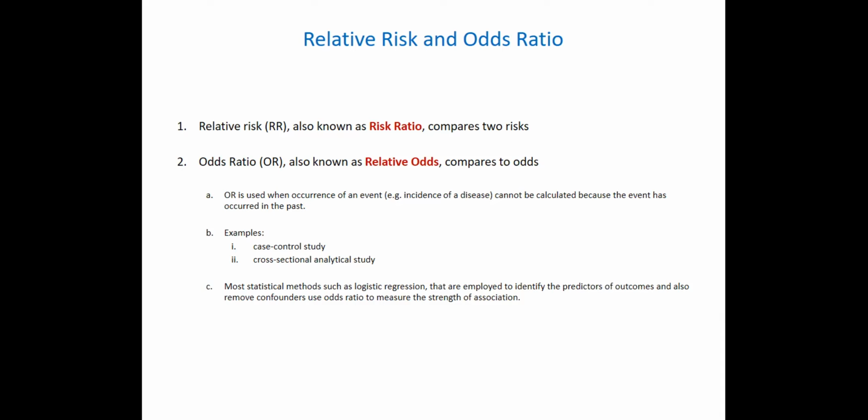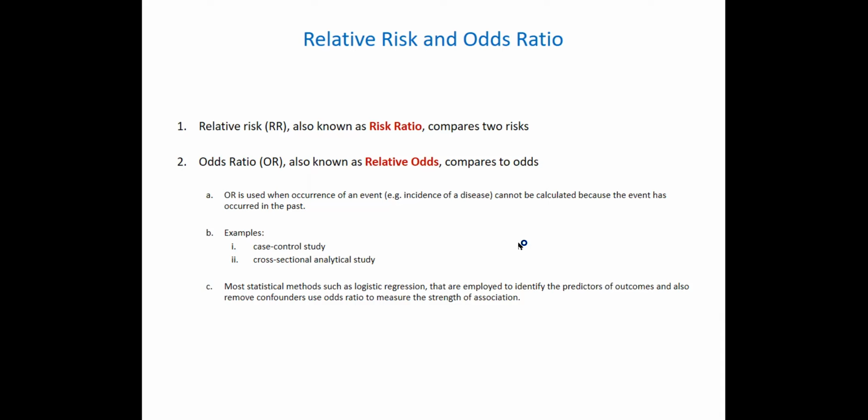Why do they call it relative risk? What they do is compare the risk among the people that are exposed by the risk among the people that are not exposed. So in this issue of lung cancer, the probability of lung cancer among the people that smoke is this, and the probability of lung cancer among the people that don't smoke is this.